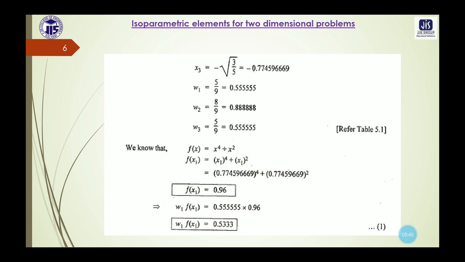Now corresponding to x1 and x3, the values of w1 and w3 are the same, 5 by 9, which is 0.555, and corresponding to x2 equals 0, the weight w is 8 by 9, which is 0.888.